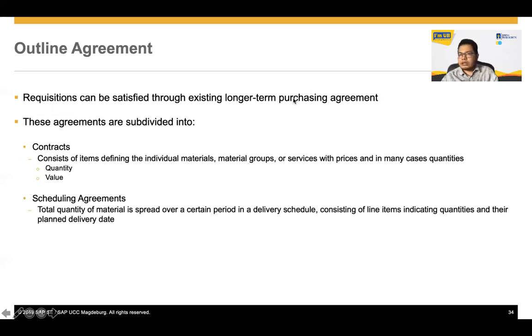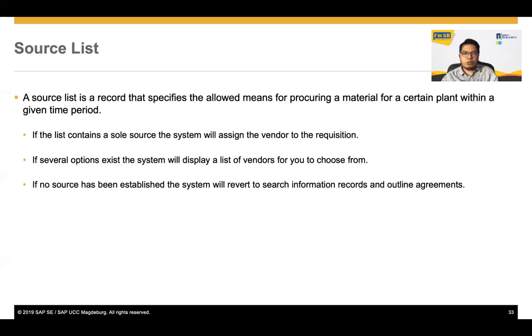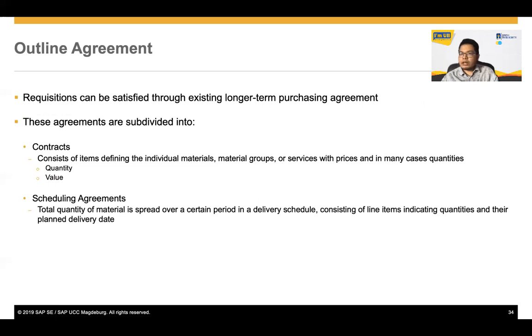There is also the outline agreement. The difference is that the source list is only a list; we still need to engage with the vendors and make an agreement with them. However, an outline agreement means that there is already a long-term agreement.